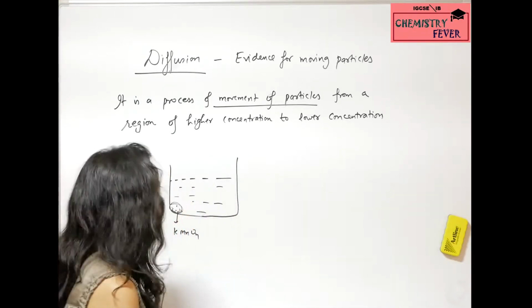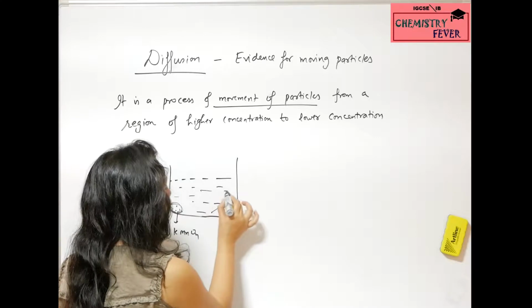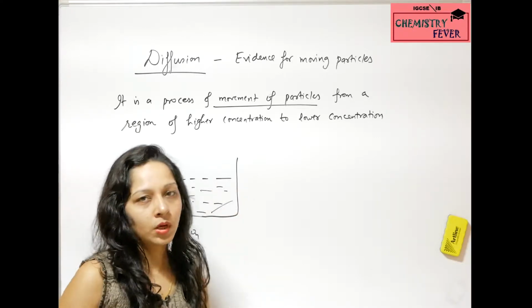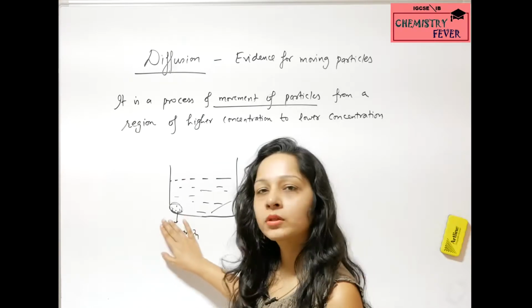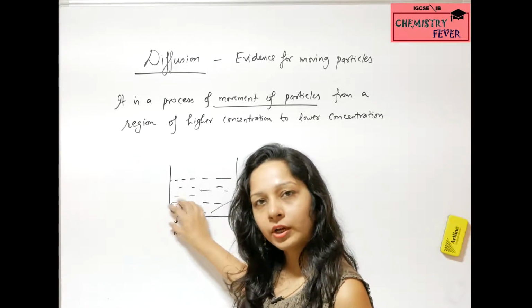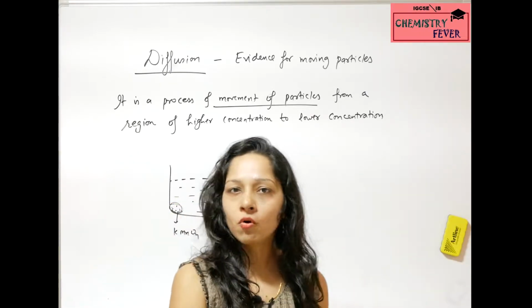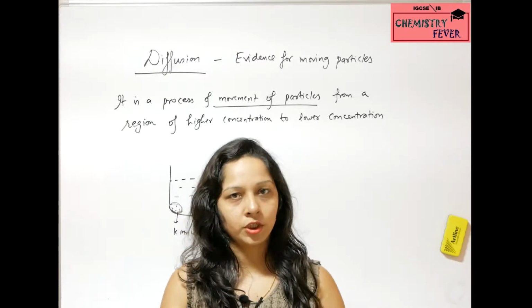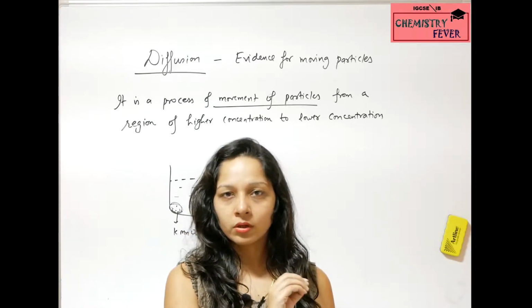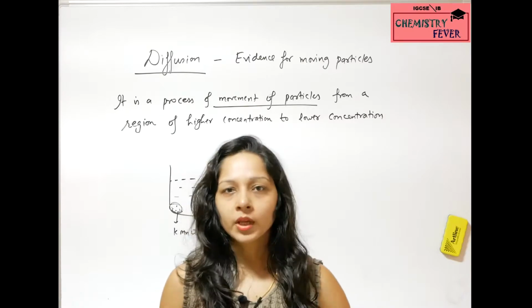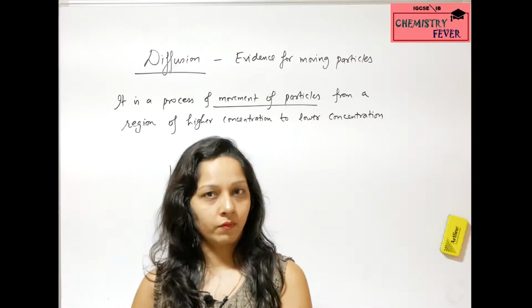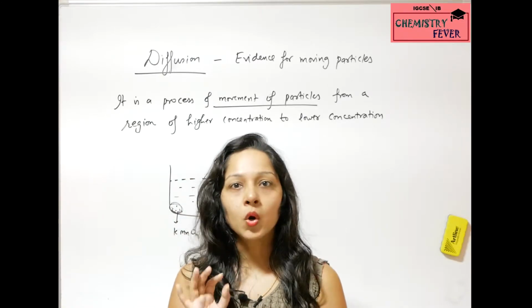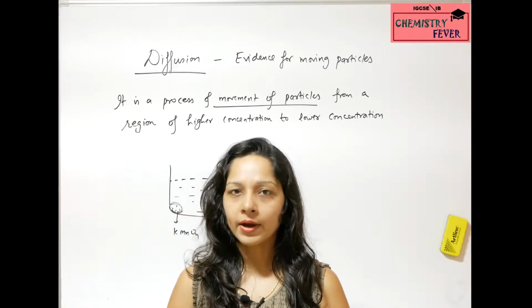It's not that it is dark purple here, less purple here, more purple here. No, it will be uniformly colored everywhere. It means particles diffused from a place of higher concentration to everywhere where there is no concentration or low concentration. We don't write no concentration, we say low concentration, right? That's why we call it diffusion. Diffuse from high to low, always, right?